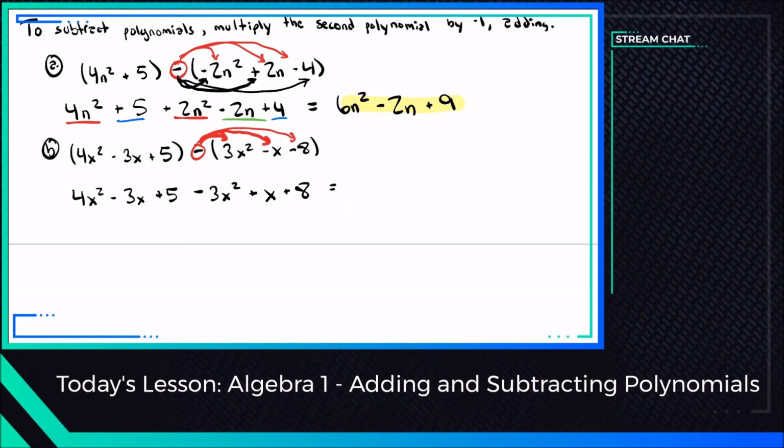And then we're just going to combine our like terms to finish things out. So we got a 4x squared here, a negative 3x squared there. 4 minus 3 is just equal to a 1x squared. Negative 3x plus an x is going to be a negative 2x. And then finally, 5 plus 8 is going to be equal to 13.